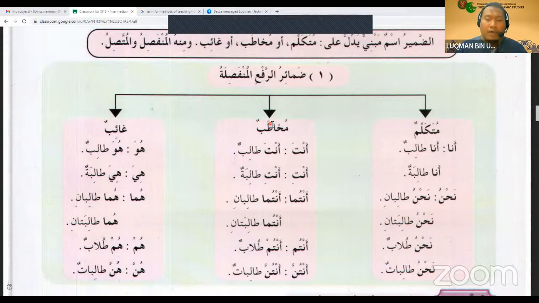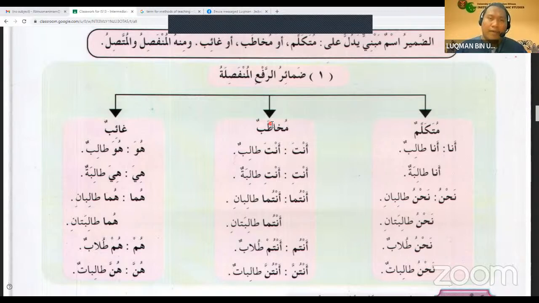Anta. Sa mukhatab, no, we have masculine and feminine form. So, anta, you, singular, masculine. Anti, you, singular, feminine. Antuma, so share dyan yung masculine, feminine. You two. Then, antum, you three, no, tatlo pataas. Masculine or at least may isang masculine.